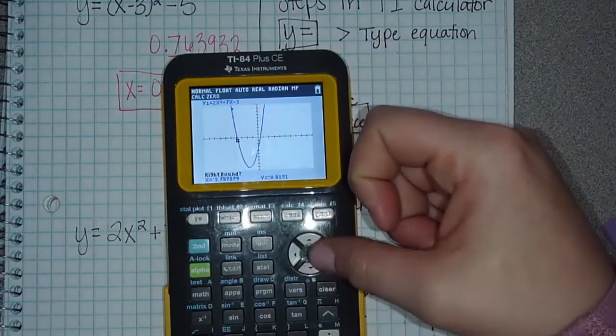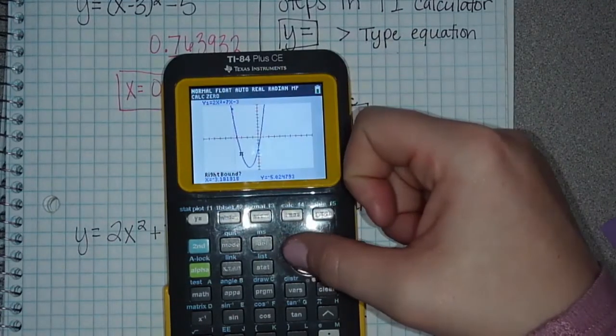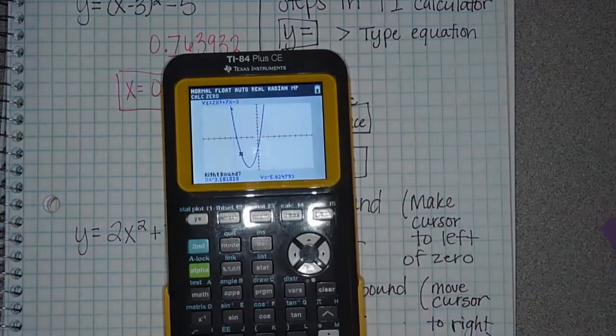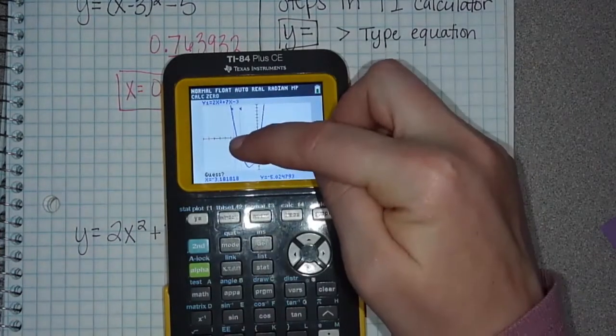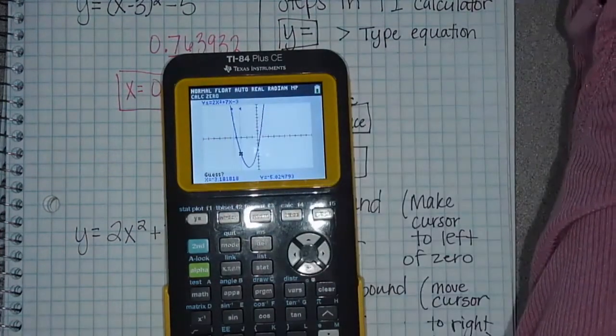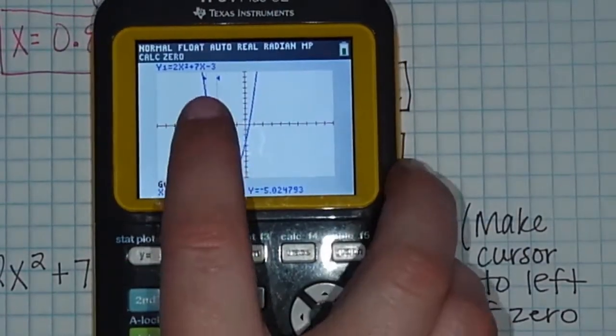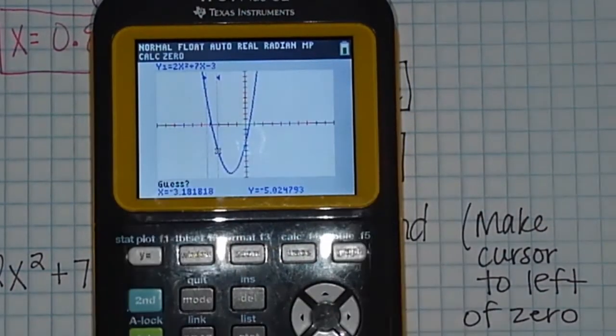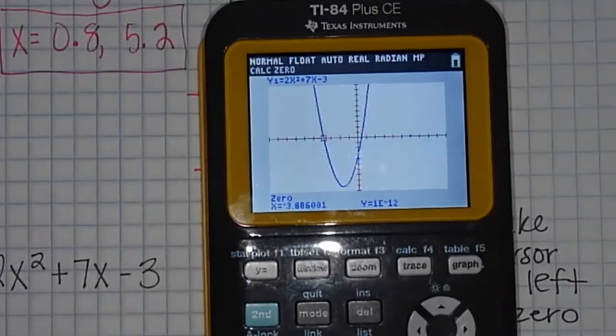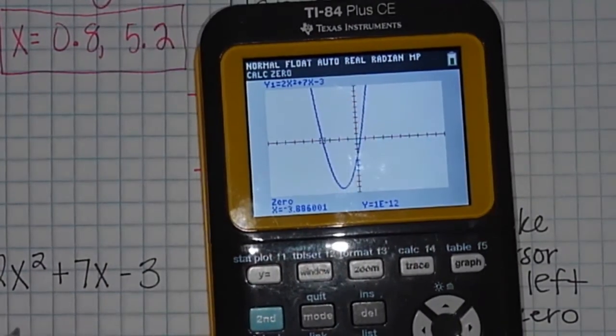And then you want to move to the right. Again, make sure there's enough room so that between those two lines, you can see that it's crossing. Notice it says guess, just hit enter one more time. And so our zero would be negative 3.9 if you round.